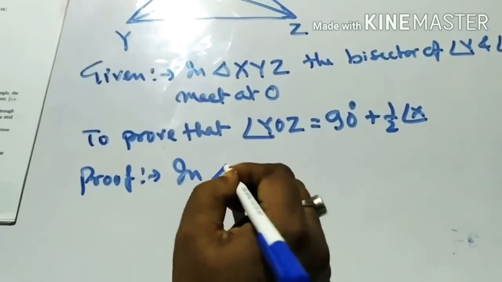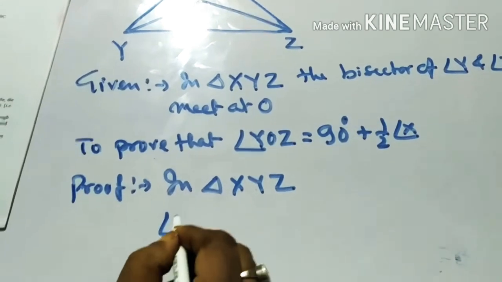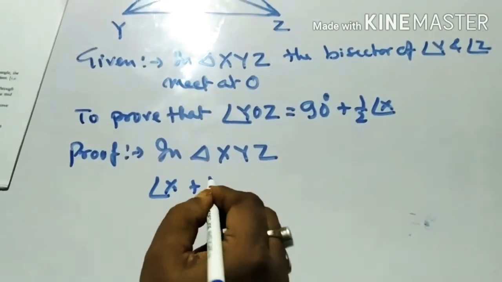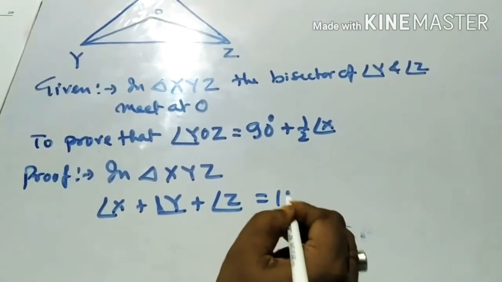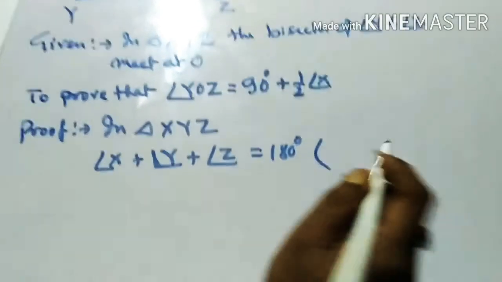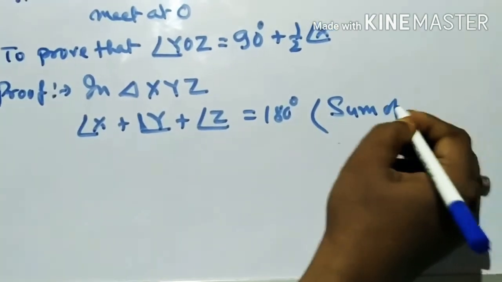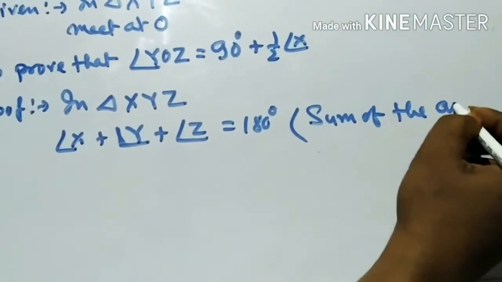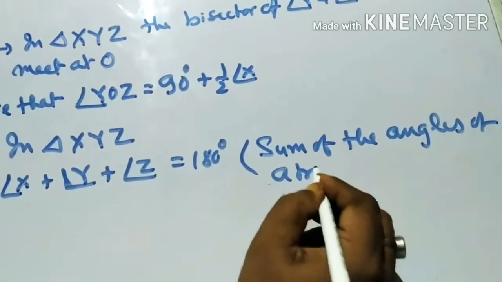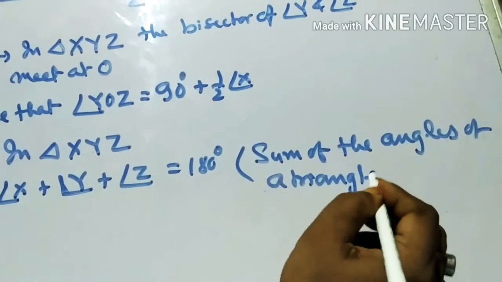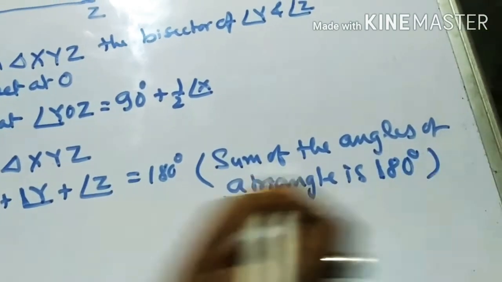In triangle XYZ, angle X plus angle Y plus angle Z is equal to 180 degrees. This you all know, the sum of the angles of a triangle is 180 degrees.